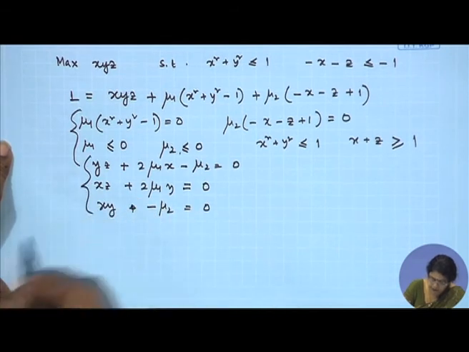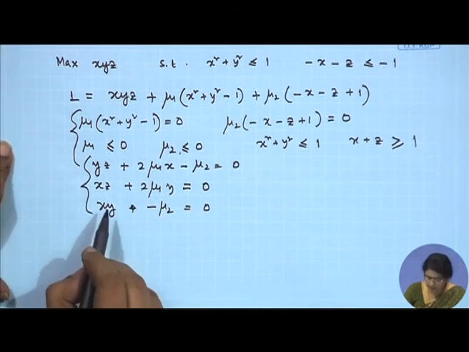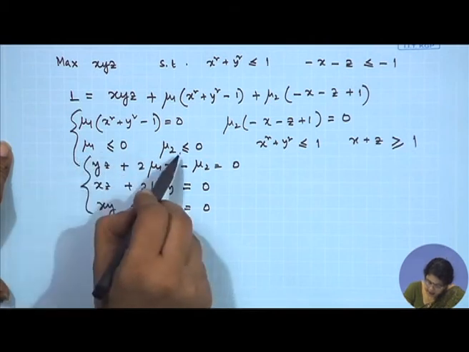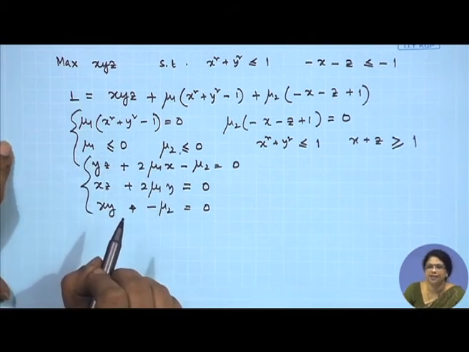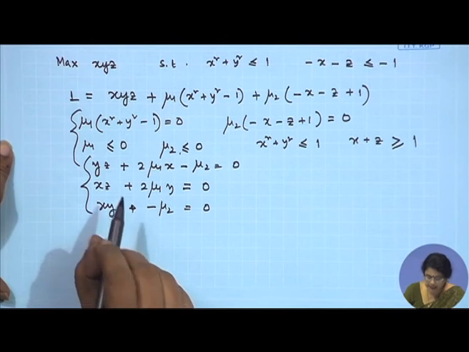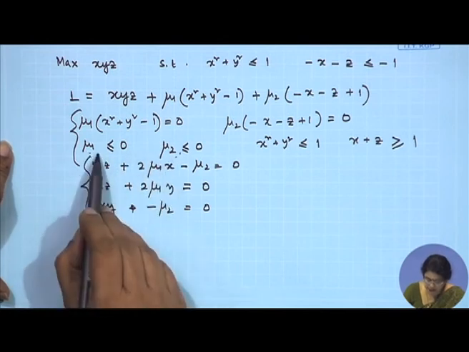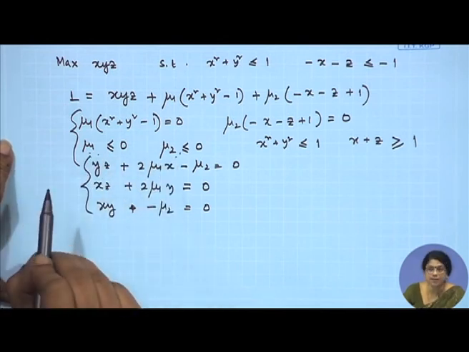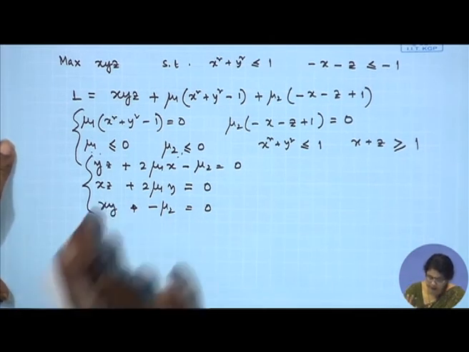These are all the optimality conditions for us. Then optimality, feasibility, the check for the complementary slackness conditions, the check for the KKT multipliers, the sign of the KKT multipliers, all these things we have done.